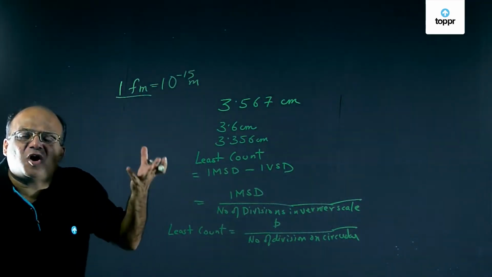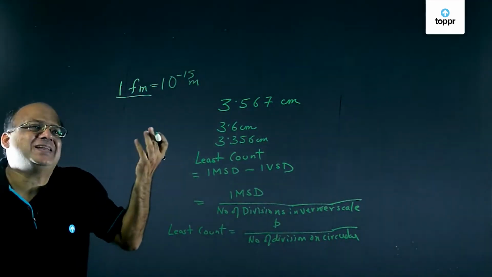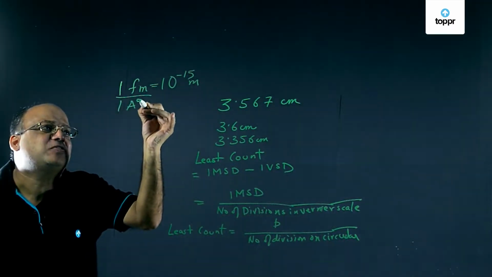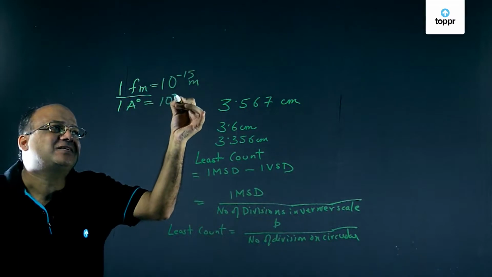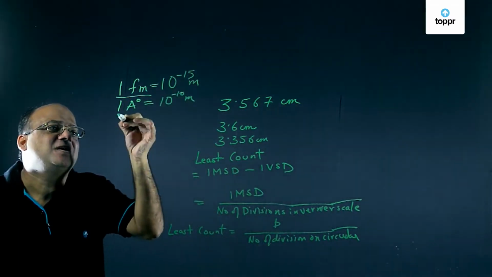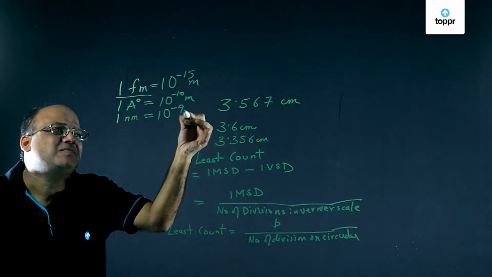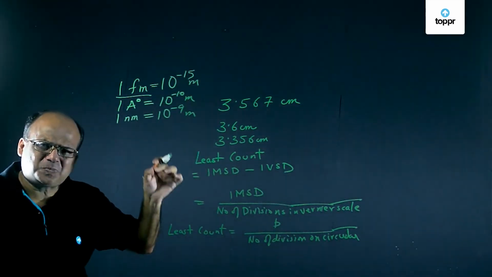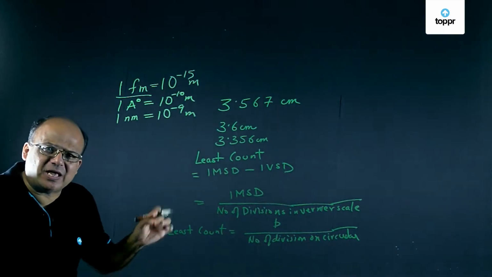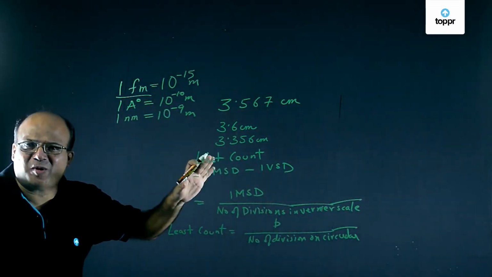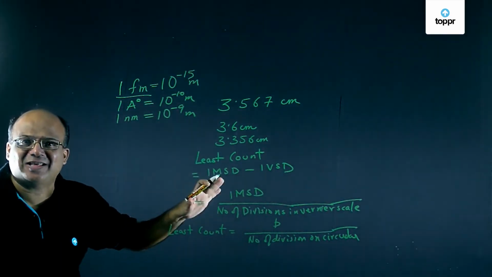The radius of an atom we measure in nanometer or angstrom. What is 1 angstrom? That is 10 to the power minus 10 meter. And what is nanometer? 1 nanometer is 10 to the power minus 9 meter. So in this way, in physics we measure small things, big things. And this is about the measurement of mass, length and time.